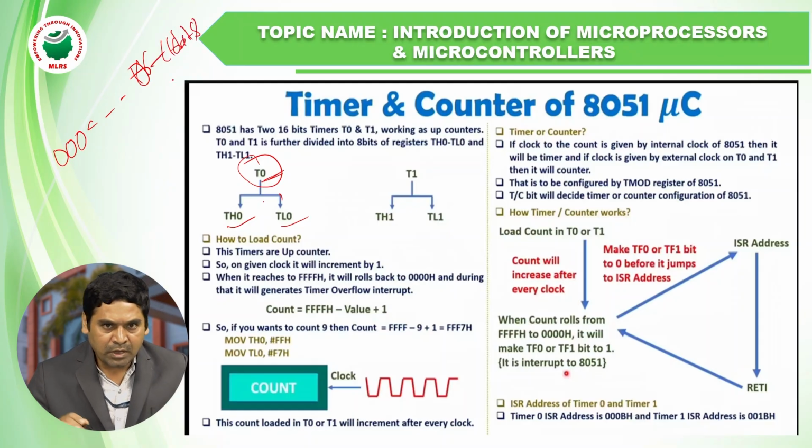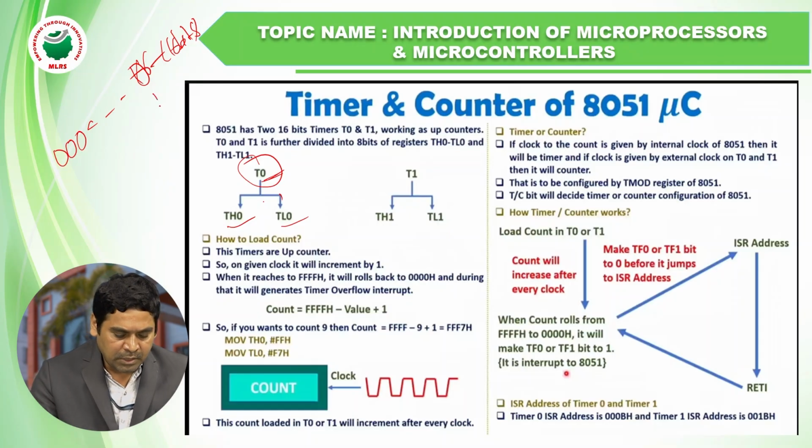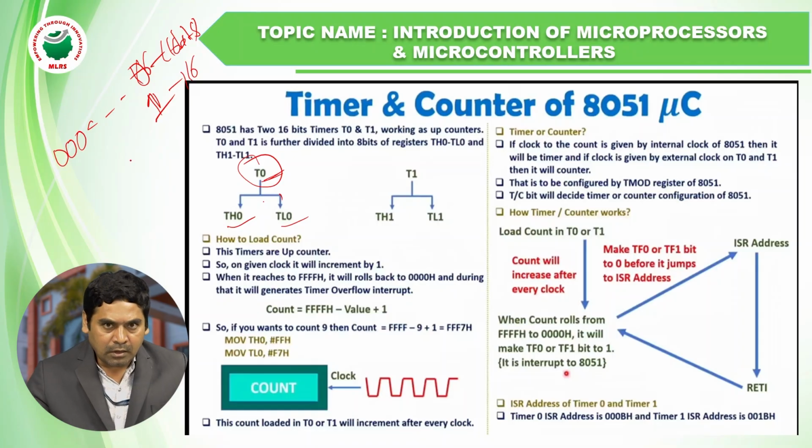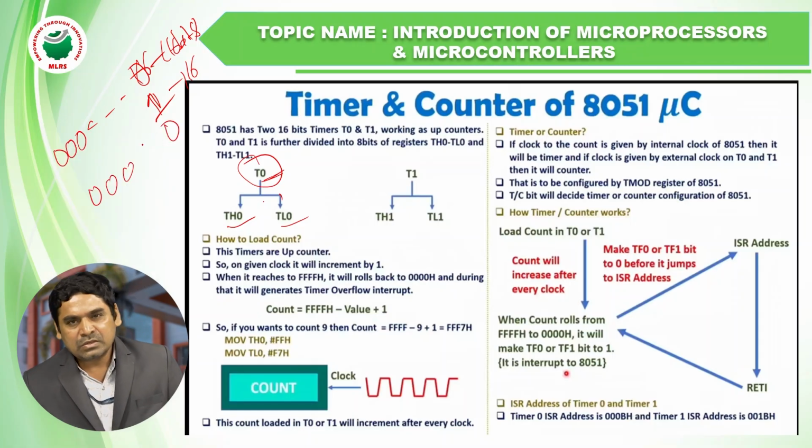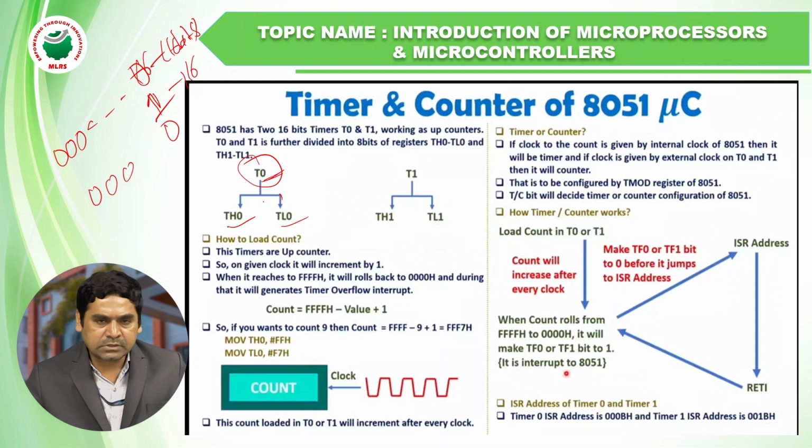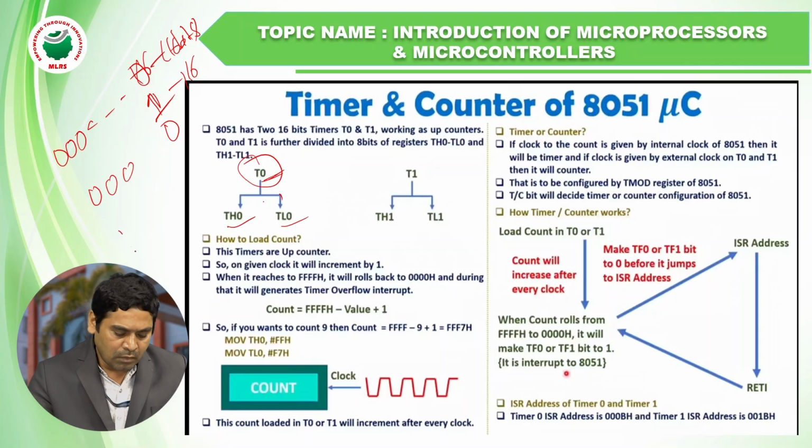After another clock it increments again. Again it gets a clock, and finally counts up to all 1s in 16 bits.